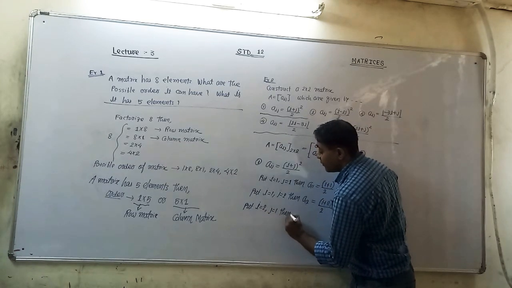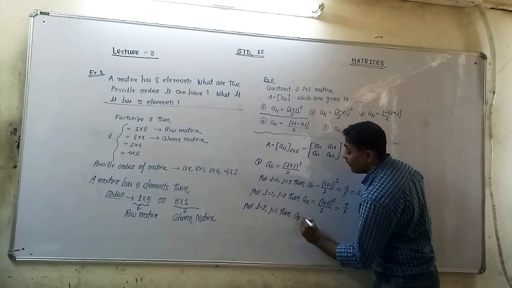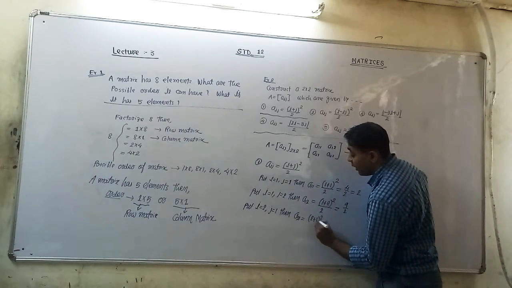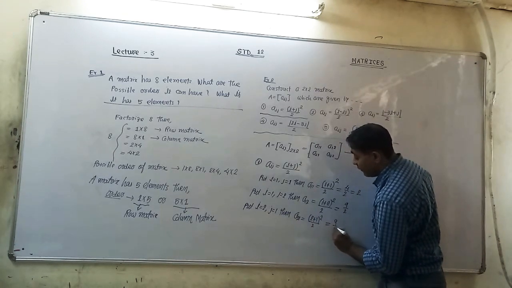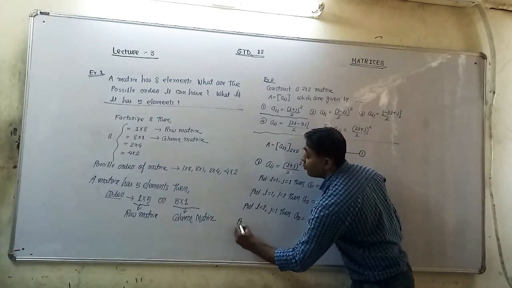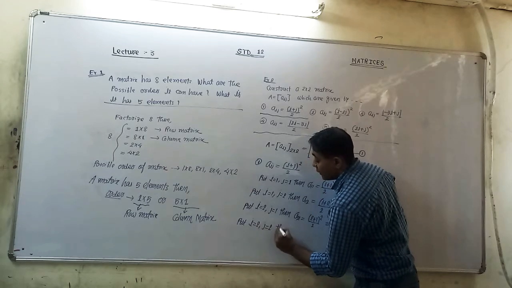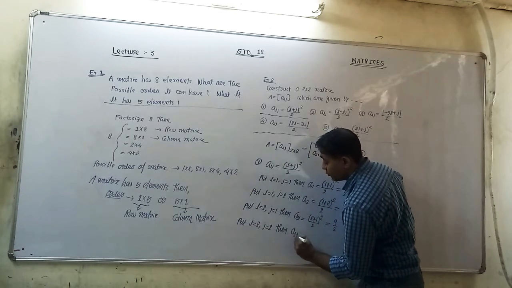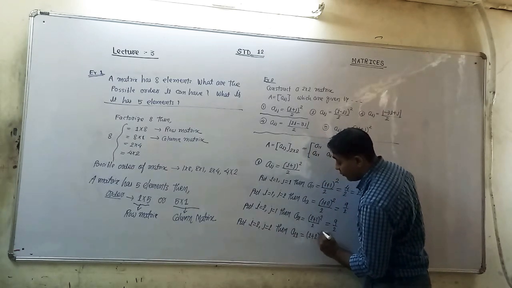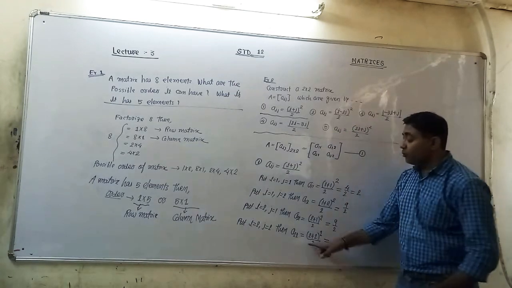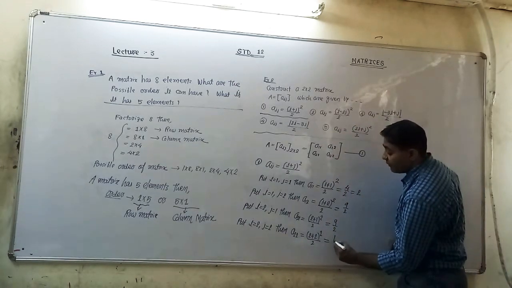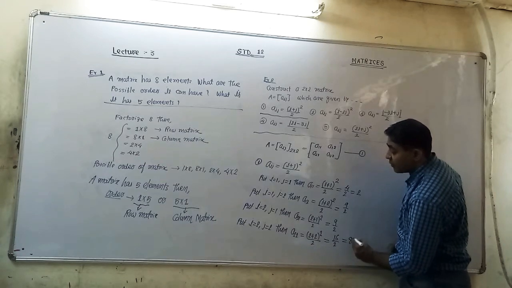Then we get A21 as (2 plus 1) whole square by 2, and that is again 9 by 2. Then put i is 2 and j is 2. Then we get A22, that is (2 plus 2) whole square by 2. 2 plus 2 is 4, 4 square is 16, by 2 is 8.